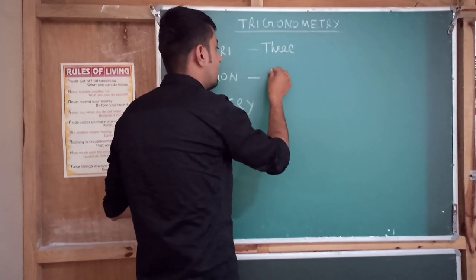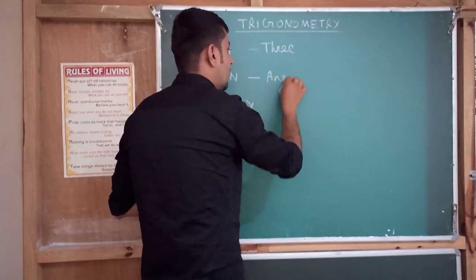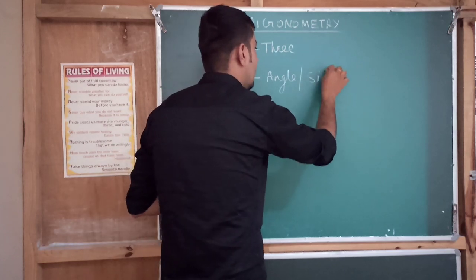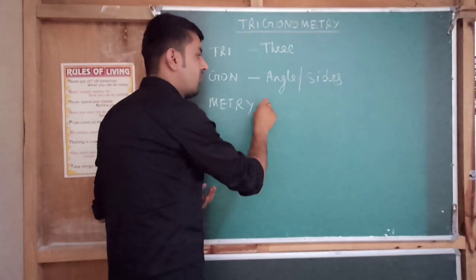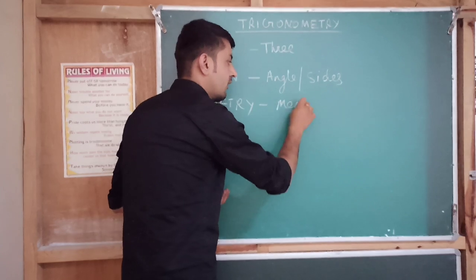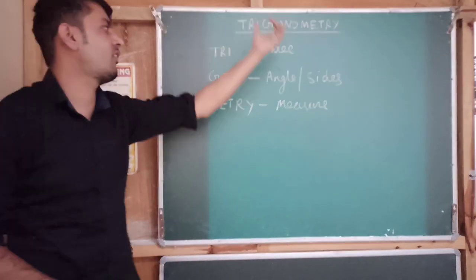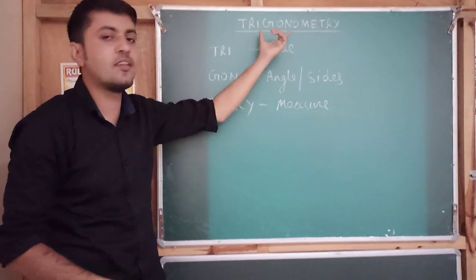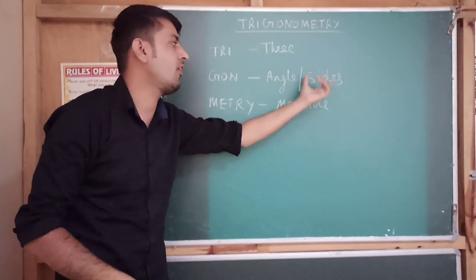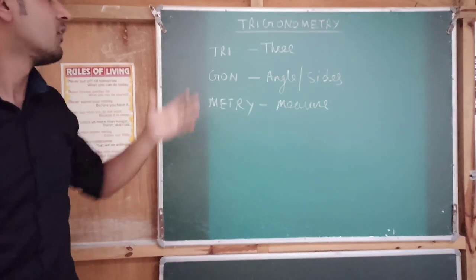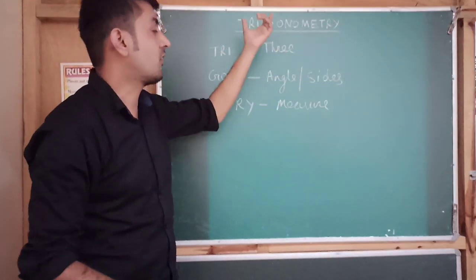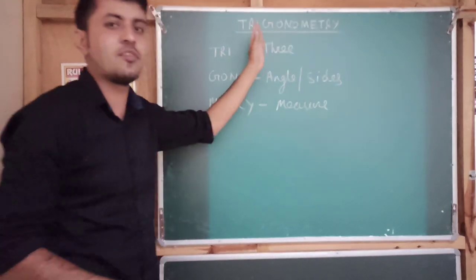Gon means angle, or you can even take the sides. Metry means measure. So what is trigonometry? It is 3 angle measure, or you can say 3 sides measure.